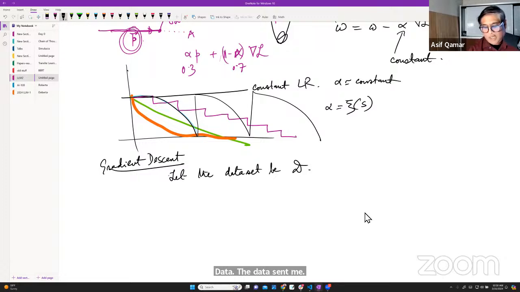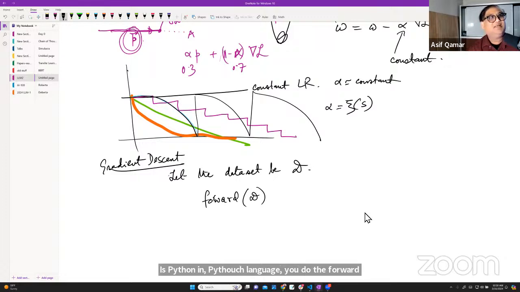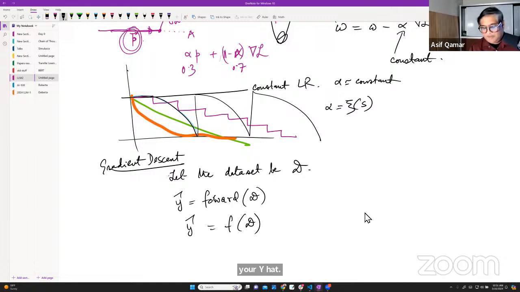If D is the data set and you compute the loss, you do the forward journey in PyTorch language on D itself. Or more mathematically, you use D itself to compute your Y hat, the entire data set, in one step, and then you compute your loss on the entire data set.